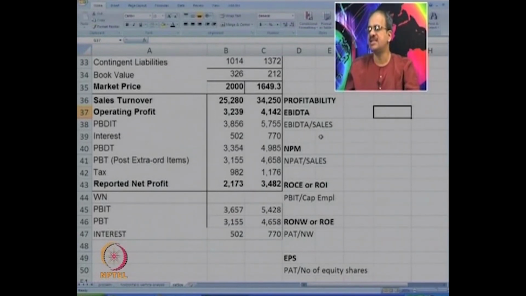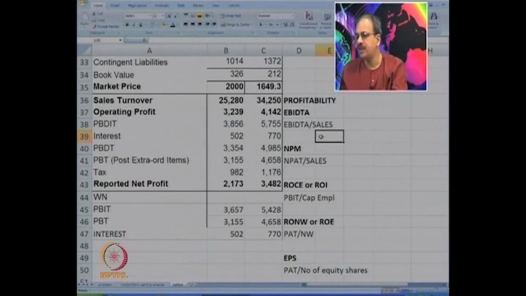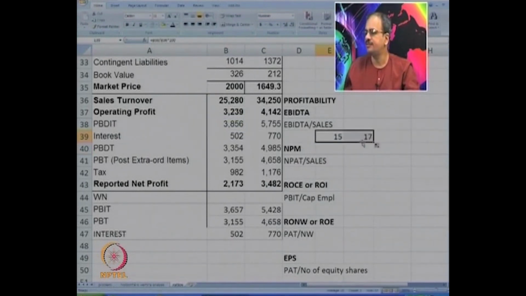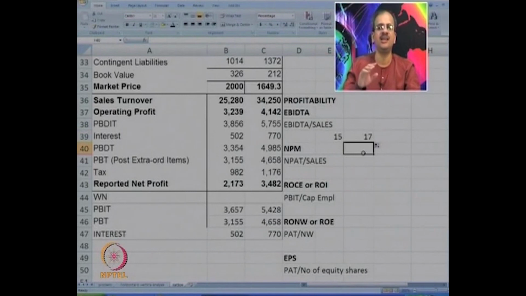So, EBITDA margin is EBITDA upon sales, and always it is into 100. You can see here the position of PBDIT is given, divided by sales, and we will multiply by 100. So, 15%, and in the current year the ratio has improved to 17%.